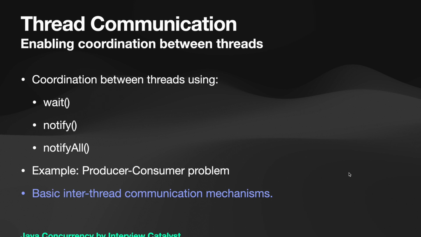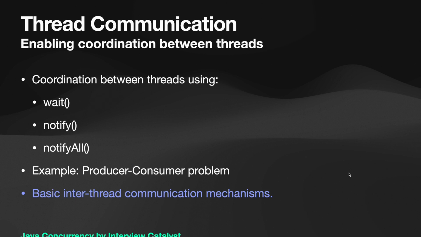Regarding the wait method, it causes the current thread to release the lock and wait until another thread calls notify or notifyAll on the same object. The notify method wakes up one waiting thread. The awakened thread can resume execution when it regains the lock.